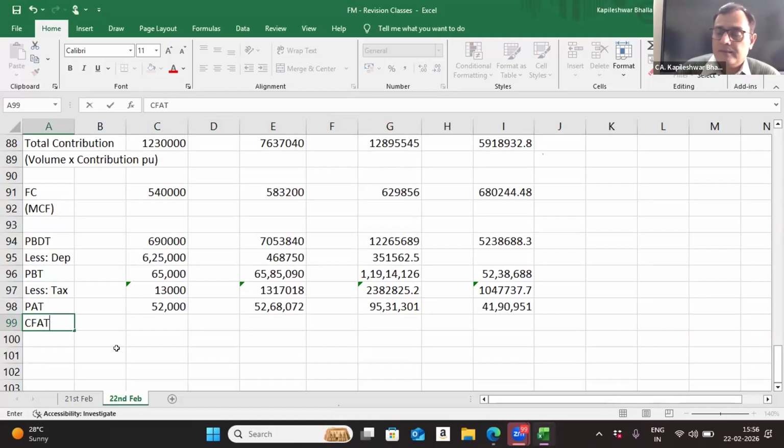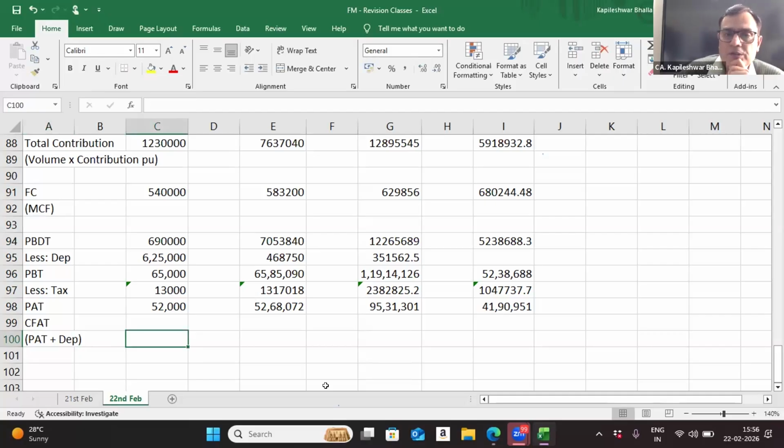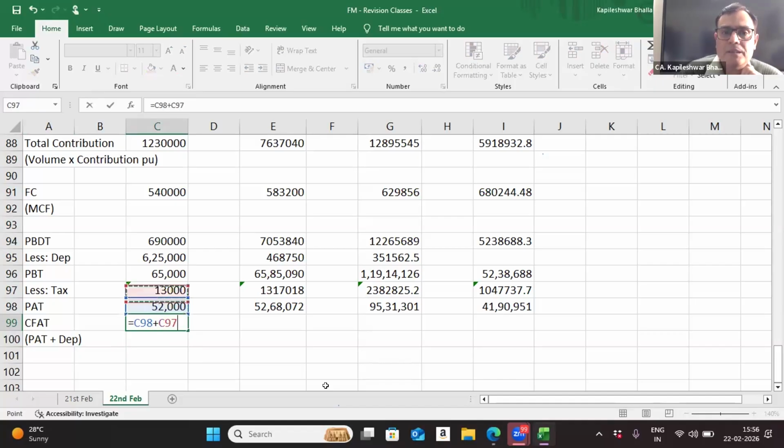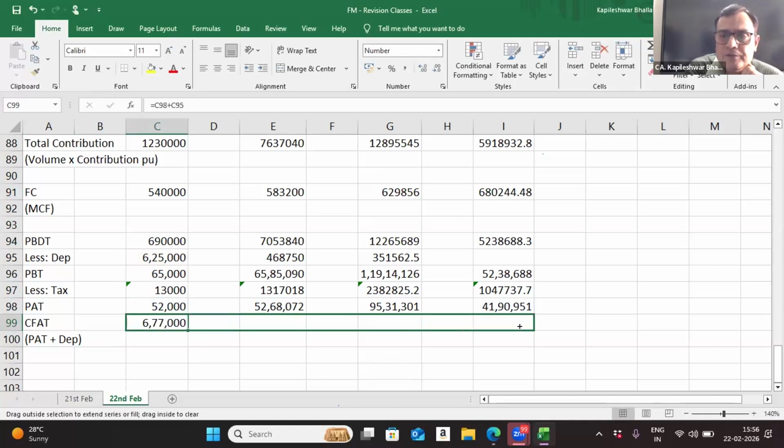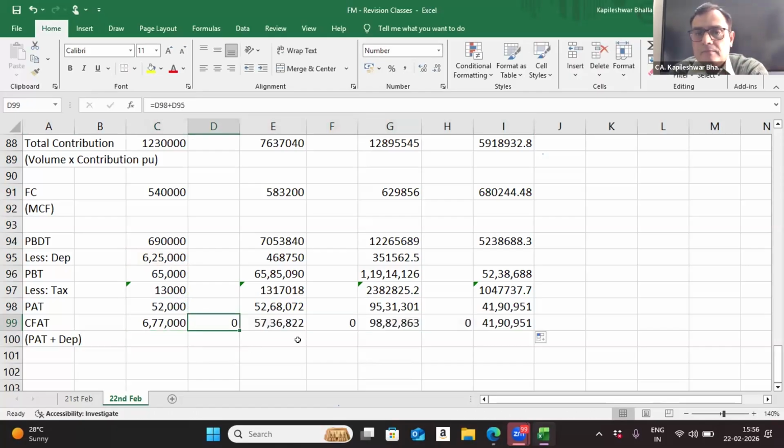Yes, great. Then for the CFAT, we just need to consider PAT plus depreciation. So we'll take PAT plus depreciation in this case, and you can stretch this to get the figures.